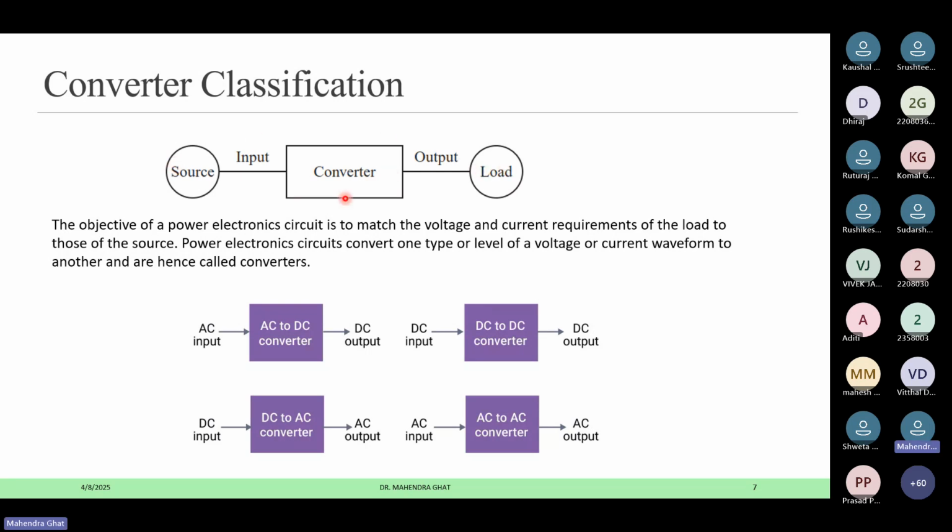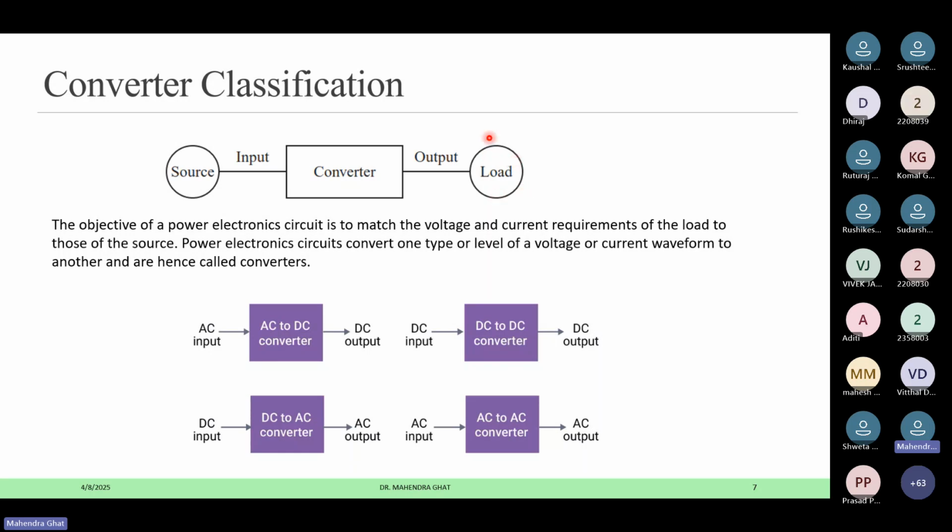Then why do we require power electronics? Because we cannot use AC directly for DC, or if we have DC, we cannot use that for AC. That is one thing. Also, suppose we have an AC source and an AC load, but we want to control the load, for example an induction motor whose speed we want to control.